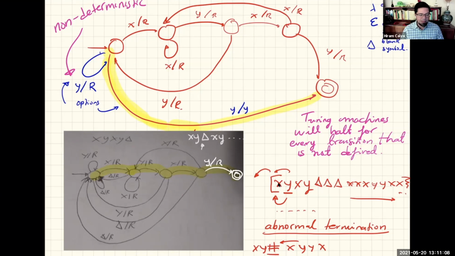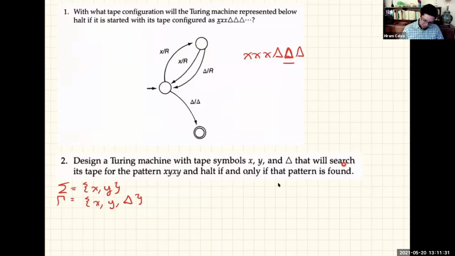If it said, for example, find the second instance of XY that can be separated by any number of blank spaces, then we would need to design a different machine that allows as many blank spaces as we want. We would just ignore them, find another instance of XY, and then stop. But what we are being asked here is to search the state for the pattern, and this pattern does not allow blank spaces. So in this case it's very clear, and it will halt if and only if that pattern is found. That's why we will not allow a blank space in between.